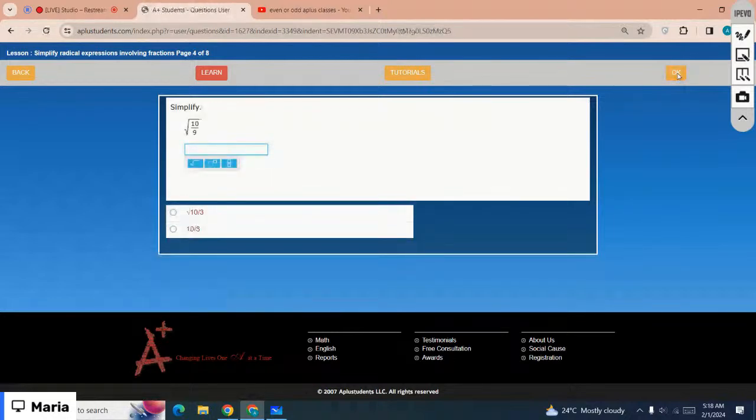Okay, the next one is simplify square root 10 over 9. So which is the correct option?